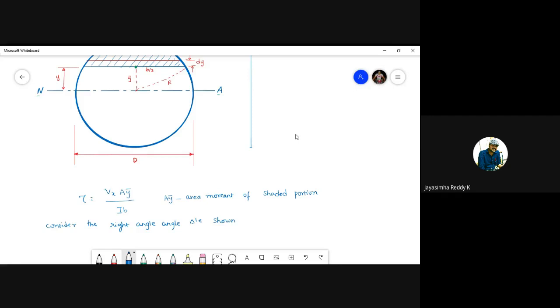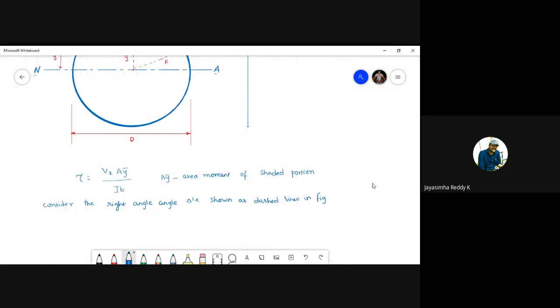If you observe that, it represents a right angle triangle shown as dashed lines in the figure. All of you please observe this dashed line. This appears to be a right angle triangle. Now, by using Pythagoras theorem, I can write hypotenuse square is equal to side square plus side square.